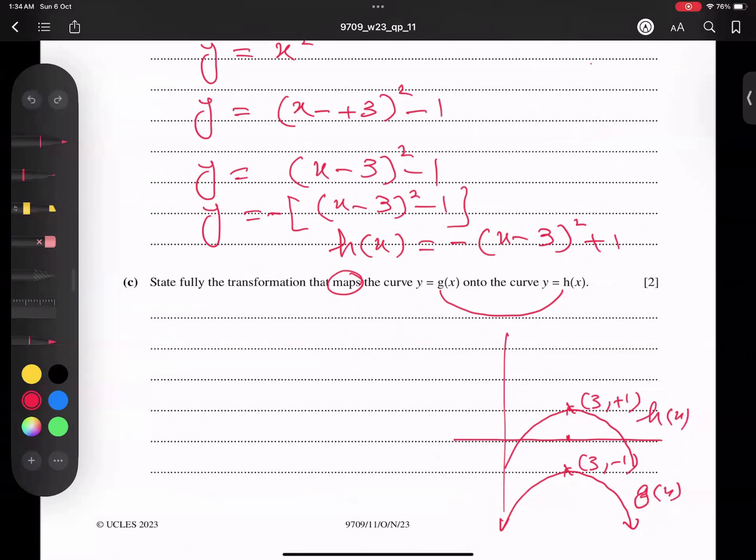You can see that it is shifting from here 2 units upwards. How come? This negative 1 shifts to plus 1, so this is 2 units upwards. So we can say, because he was asking for a transformation, that it is a translation by (0, positive 2), because it is going upwards. Make sure it is not h onto g, but G onto H. I hope the point is very clear.